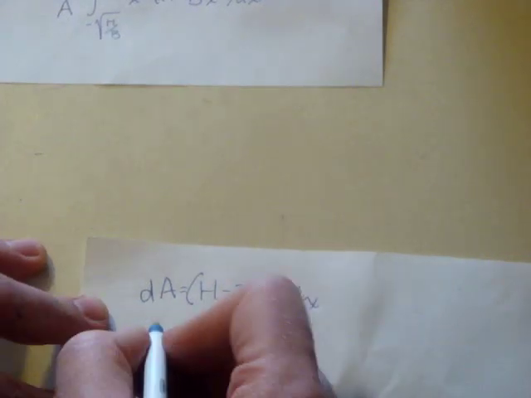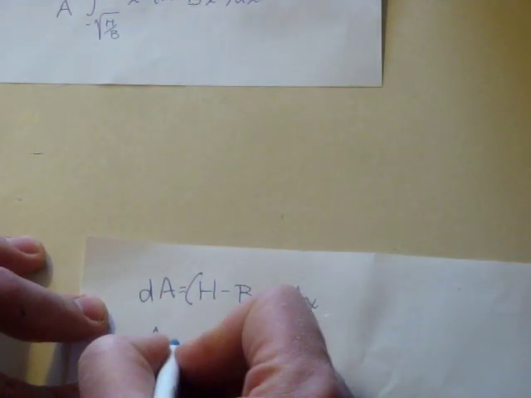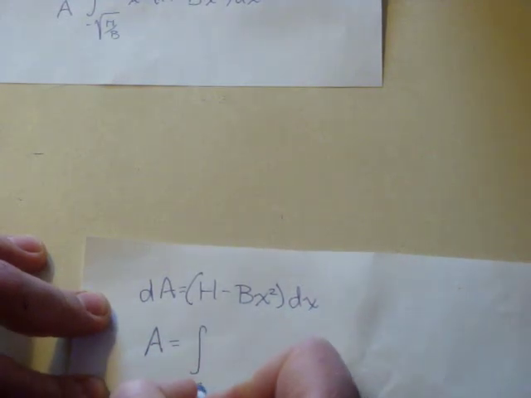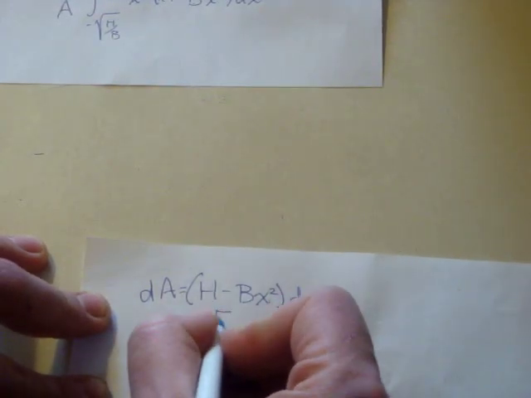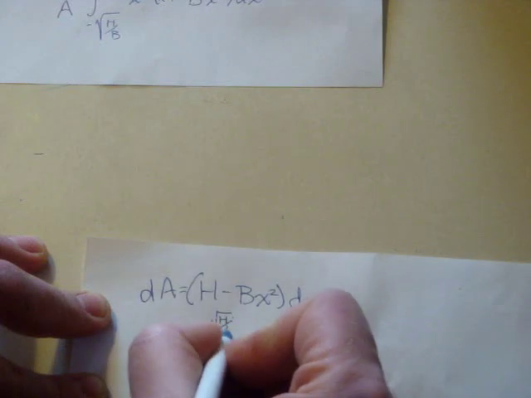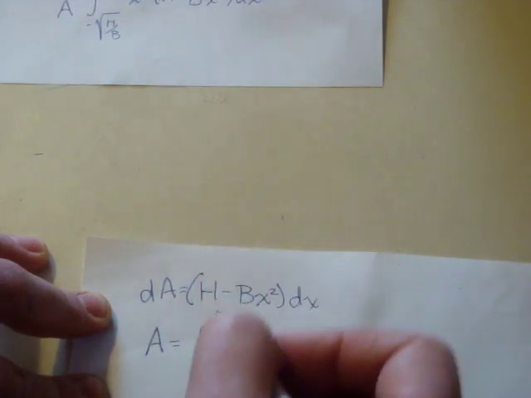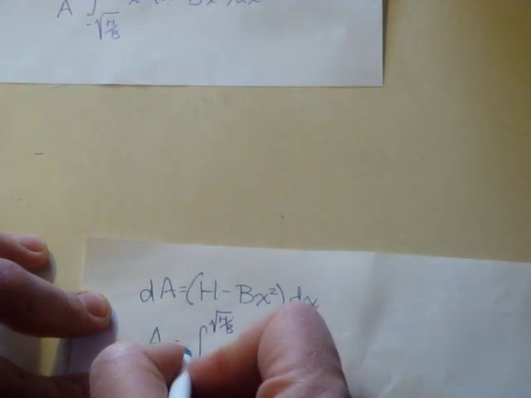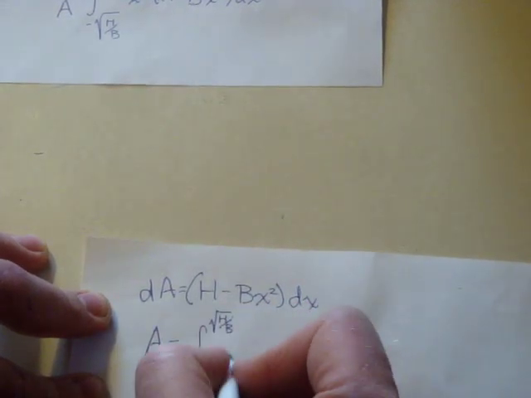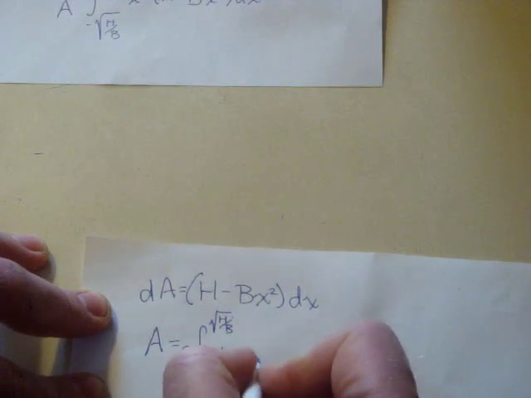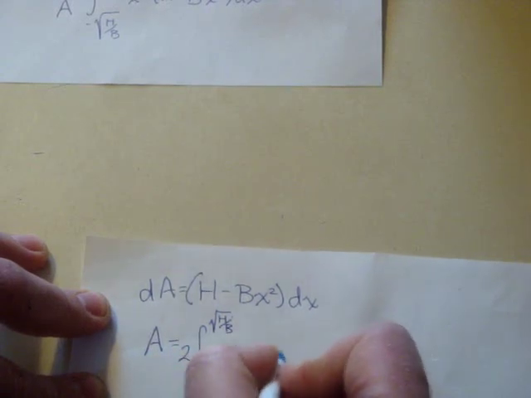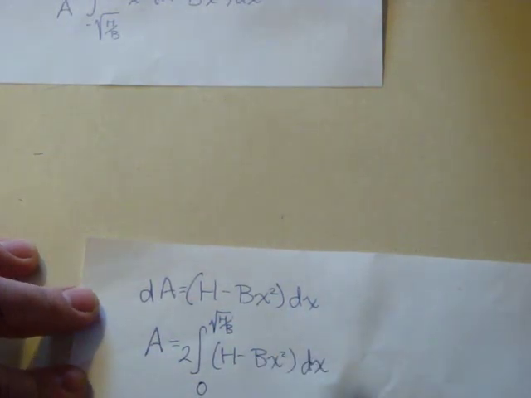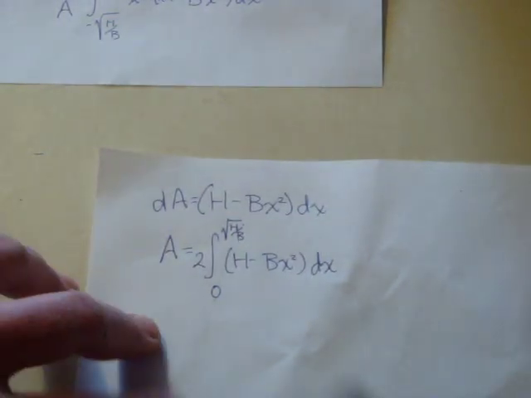If we integrate both sides, on the left side we can figure out what the area is, the integral of this expression, and I'm going to do that trick I mentioned at the beginning. Instead of going from negative square root of h over b to positive square root of h over b, we're going to go from 0 to square root of h over b and multiply by 2, times the integral of h minus bx squared dx. So that's the integral that we're going to perform to get this expression.